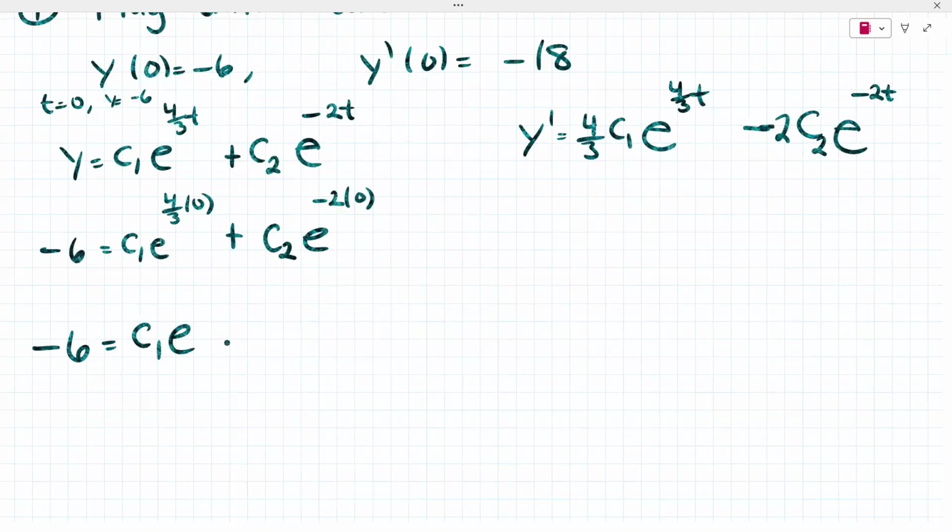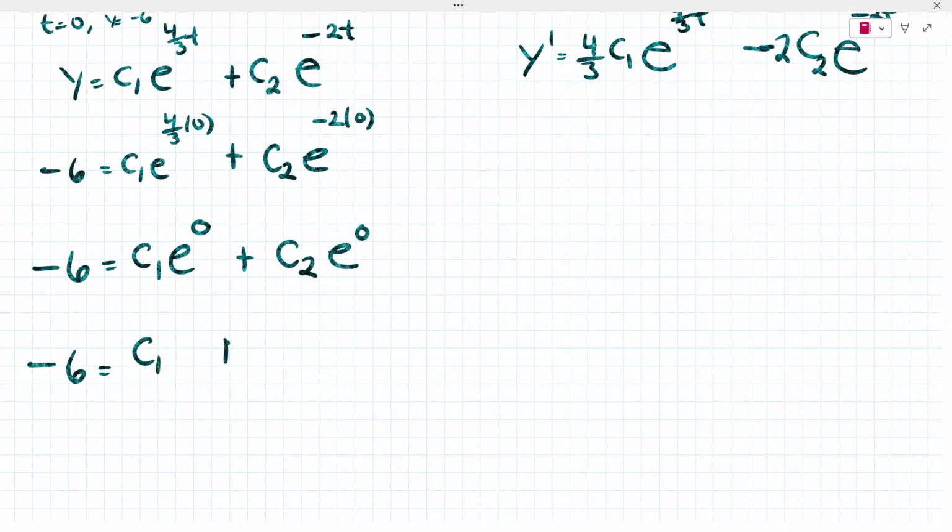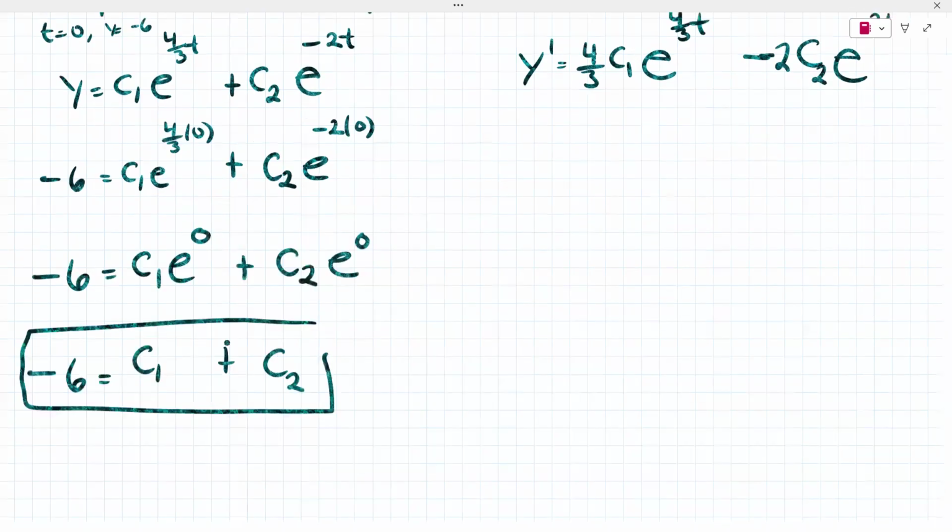Four-thirds times 0 is 0 plus C2 e, -2 times 0 is 0. That's -6 equals C1, e raised to 0 is 1, e raised to 0 is 1, so you have C2. Let me just box it. It's not our answer. I just need a box so I don't get confused.